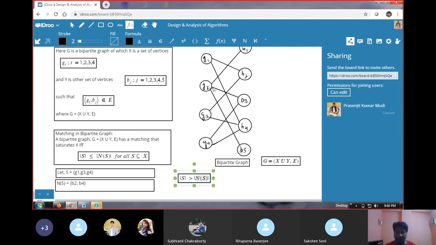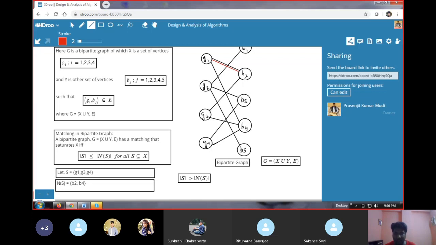Let me ink it with color. So this is one color, G3.